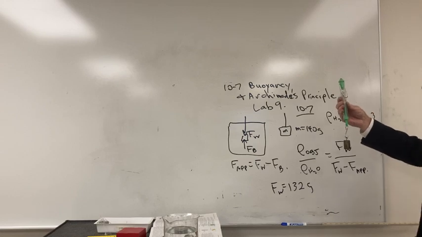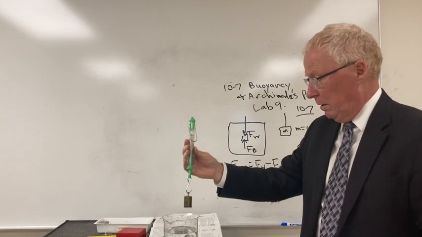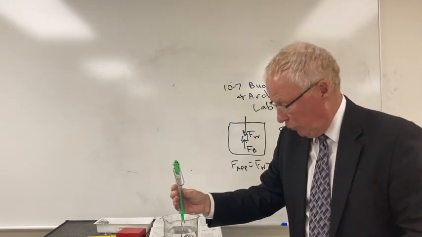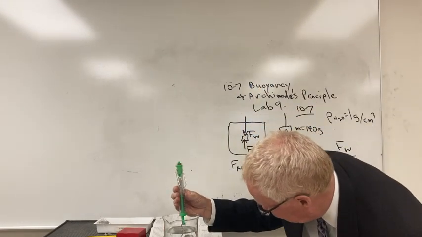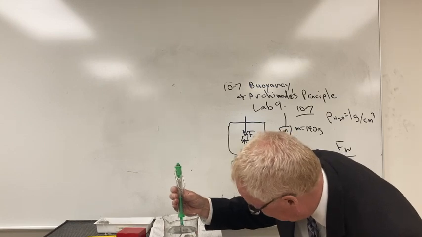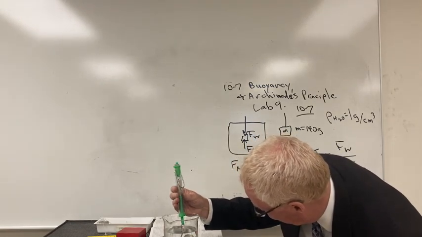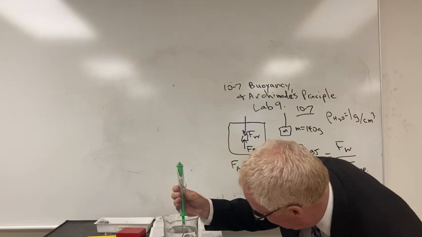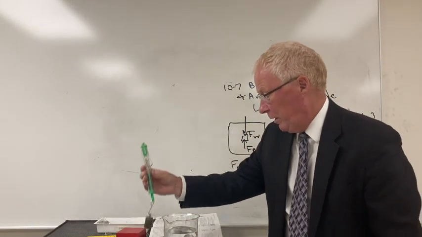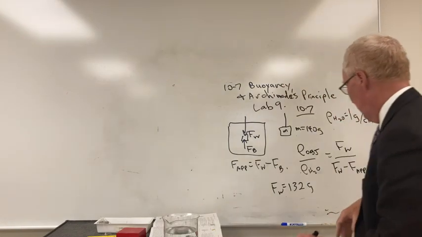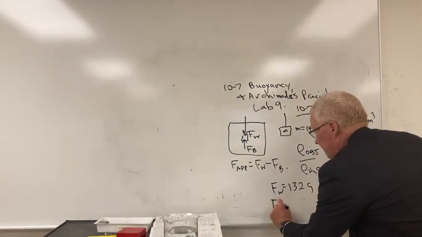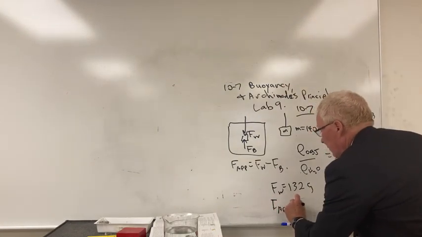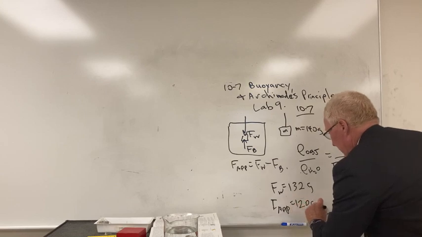I put it in the water, and it weighs less. How much does it weigh now? It weighs approximately, looks like 120 grams. The apparent weight in the water is 120 grams.